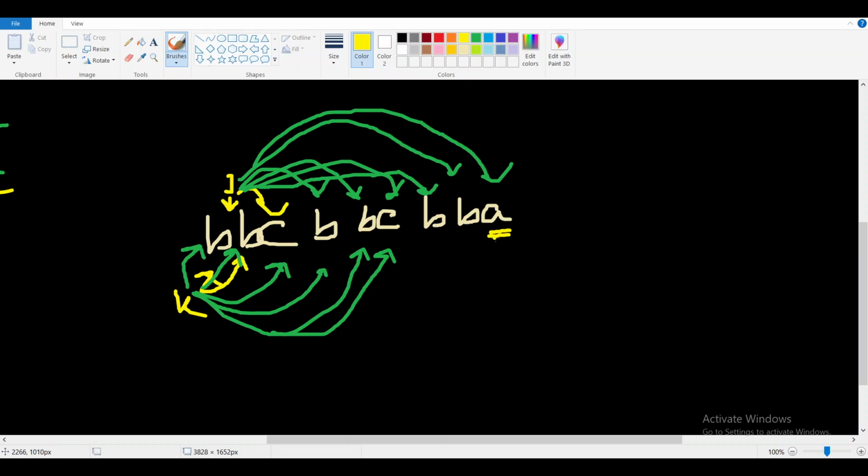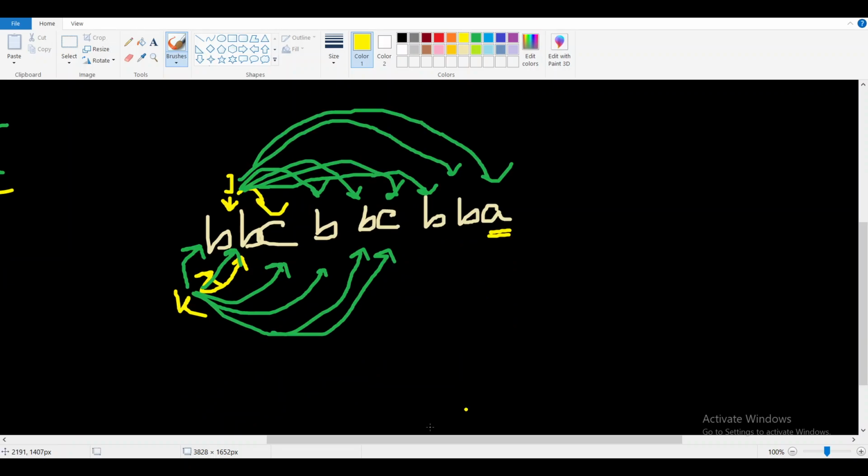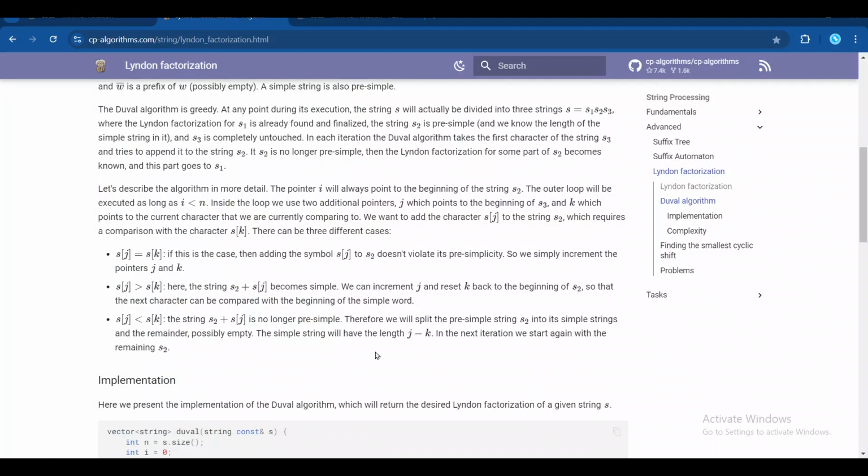Let's remember the definition of simple: any suffix of the given string should be lexicographically greater than the current string. But if we take the suffix from this A, it will be lexicographically lesser than the current string. That's why we have to stop this iteration.